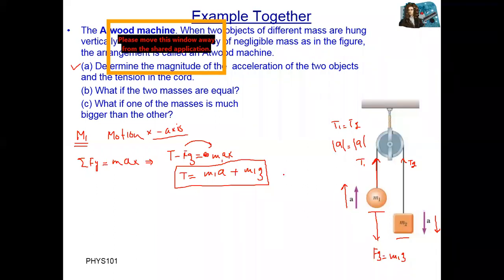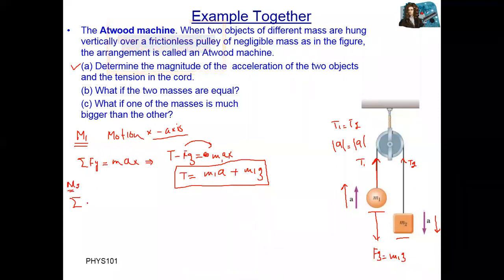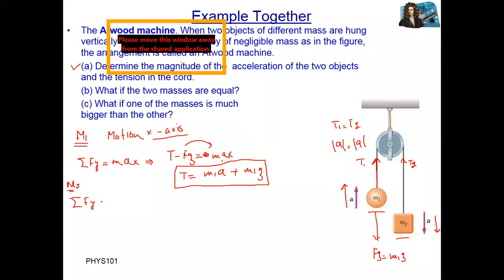Same, how many forces are on the body? Now this is for mass number two. Again there is no motion along the x-axis, so I will write just the sum of all forces along the y-axis.